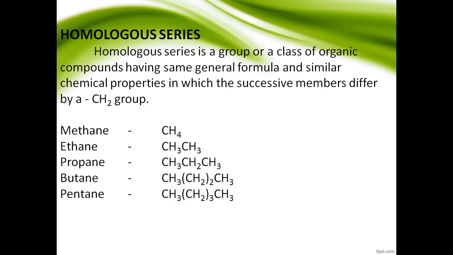So they are in the same class of organic compounds, the alkanes. They have the same general formula and the same chemical properties, but a small difference of CH2. So this is called a homologous series. Methane, ethane, propane, butane, pentane are all alkane organic compounds.